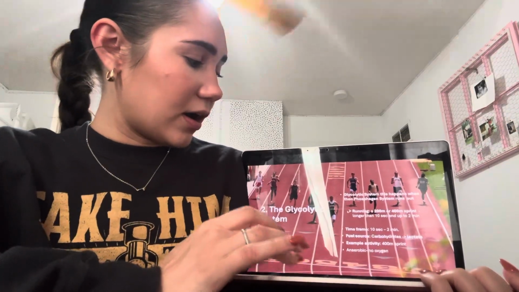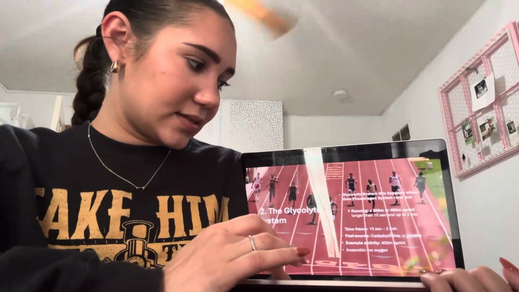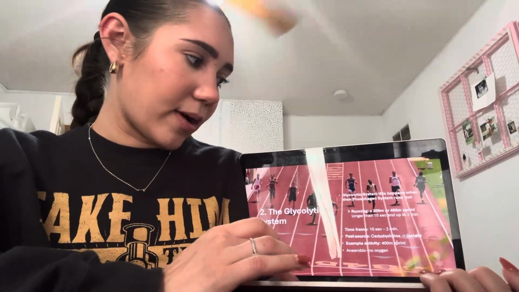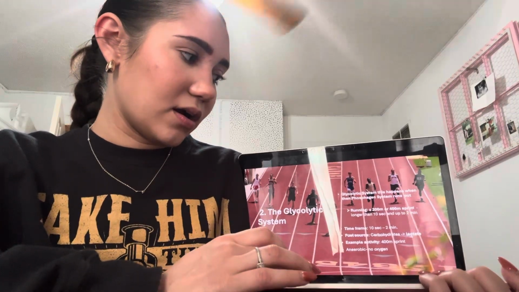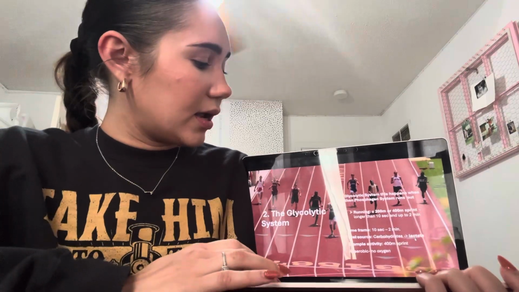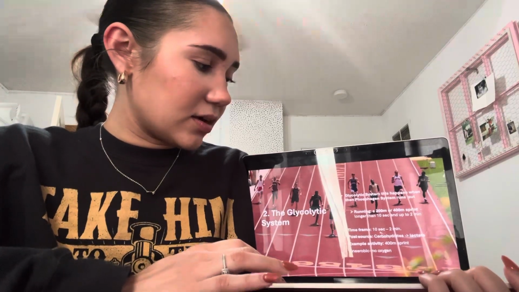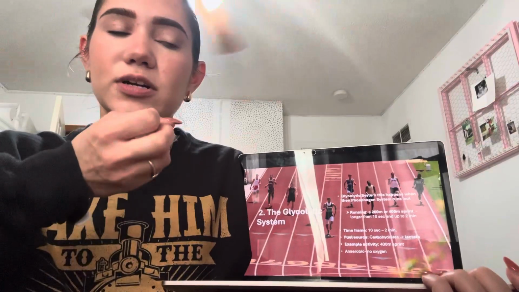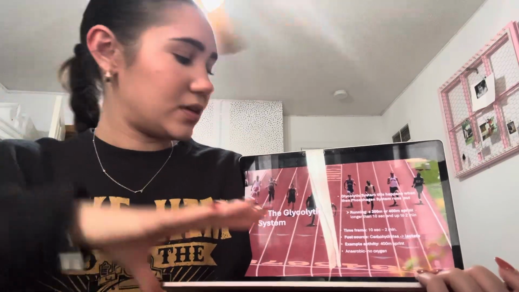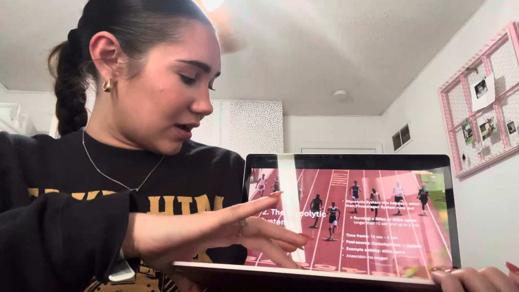For the actual fuel source, we use carbohydrates, and it forms into lactate in our body. Basically our carbohydrates are our main source, broken down to glucose, hence glycolytic.